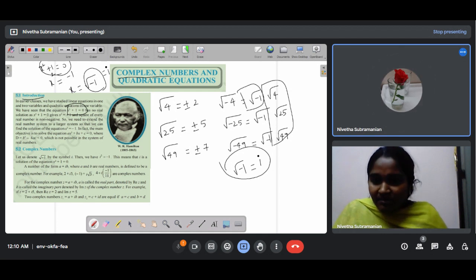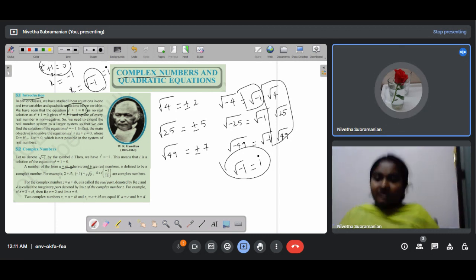A complex number is of the general form a plus ib, where a and b are real numbers. For example, 2 plus i3, root of minus 1 plus i root 3, and 4 plus i into minus 1 by 1. These are all examples of complex numbers.